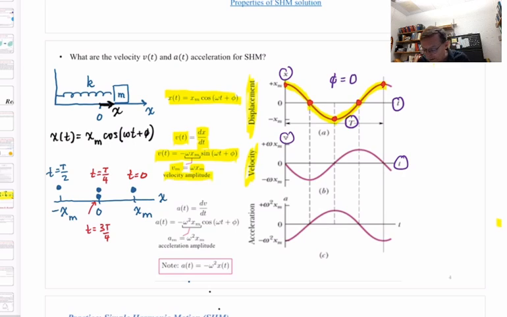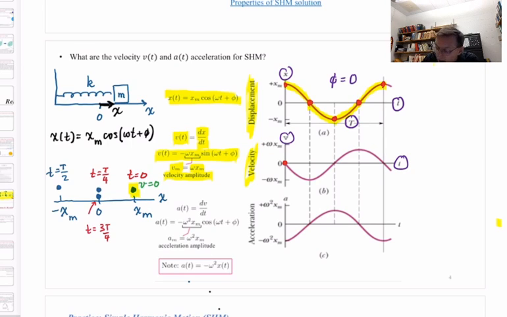So now let's go over this velocity versus time plot and add that information to our sketch over here on the left. So at time 0, when the x position is at x max, right here, the velocity is what? The velocity is 0. So v equals 0. For that one moment in time, the block's at rest.